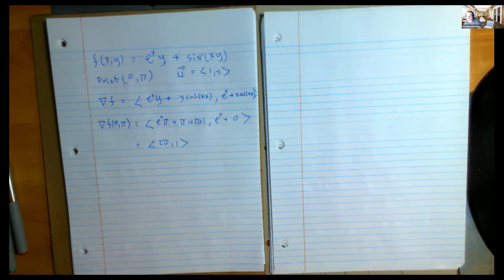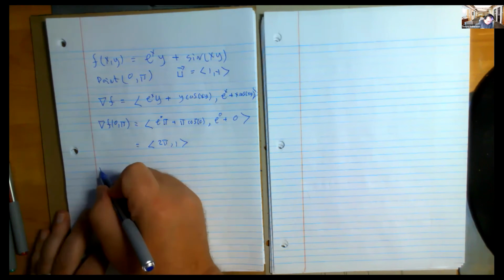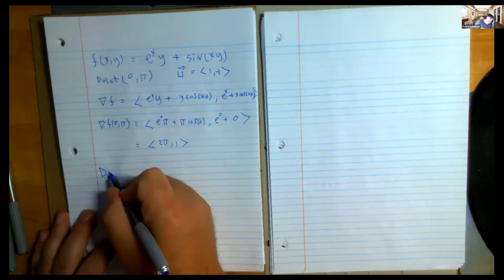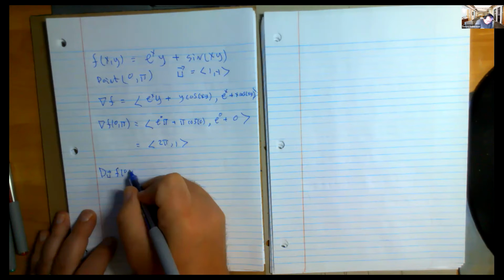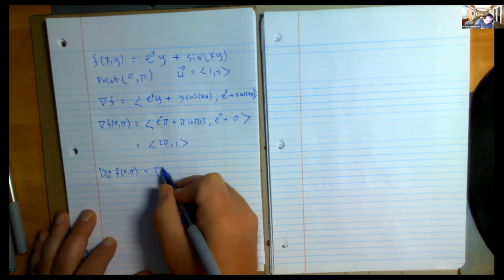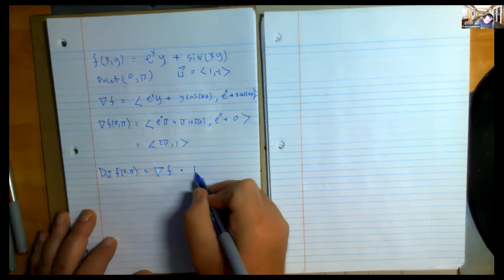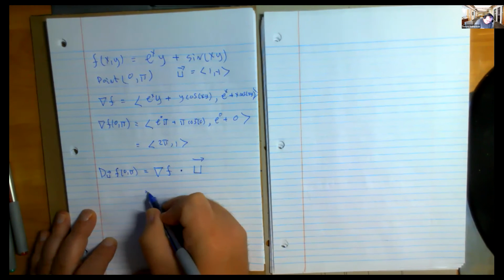The gradient vector is 2 pi comma 1. Okay. Let's find out what the directional derivative at that same point is. It'll be the dot product of those two.